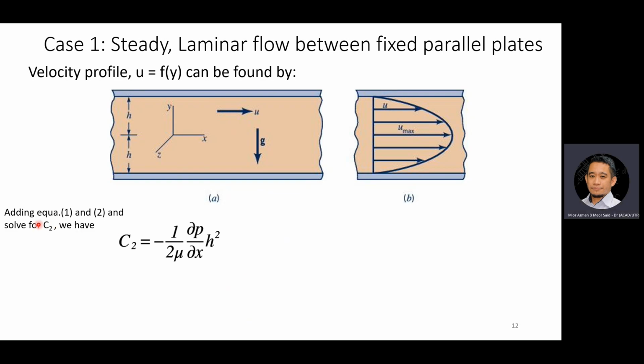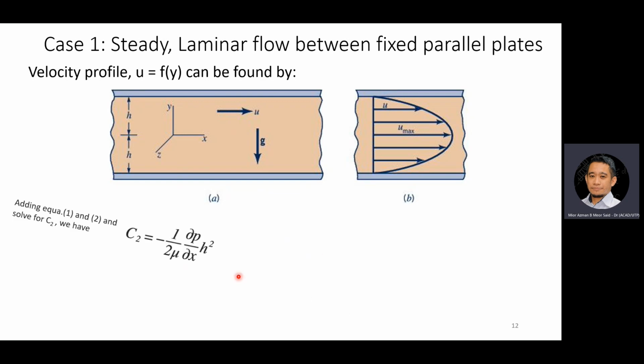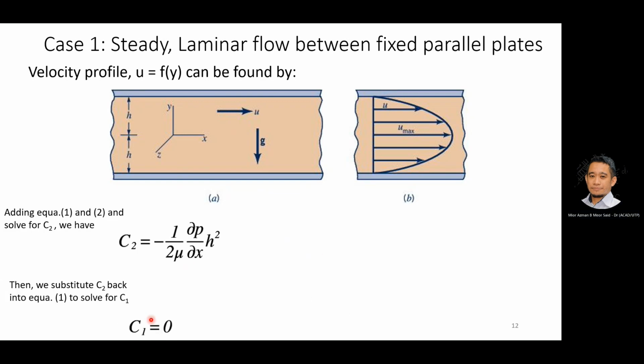You can solve that by adding equations 1 and 2 and solving for C2. So you have C2 equal to negative 1 over 2 viscosity, partial p over partial x, times h squared. That's the value for C2. Then you put C2 back into equation 1 and solve for C1, and you find that C1 is actually equal to 0.